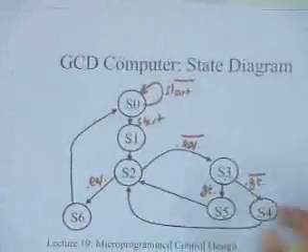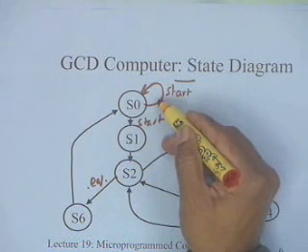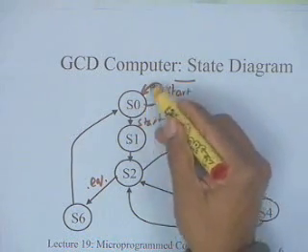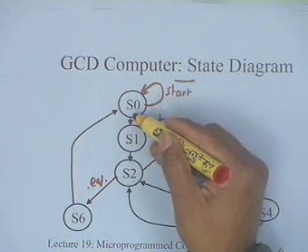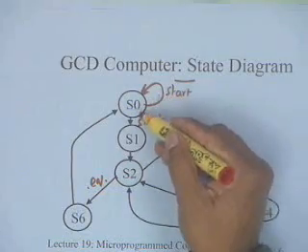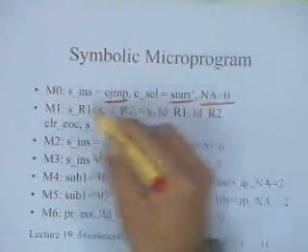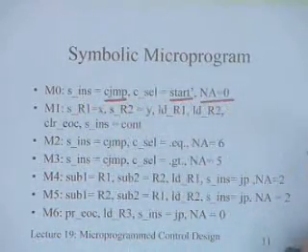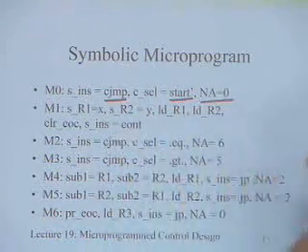The implication is, if start bar is true, that means start is false, I will continue to be in this particular loop. But if start bar is false, that is start is true, then I will go to the next microinstruction. I am not performing any data operations here. The whole thing is only a control operation.